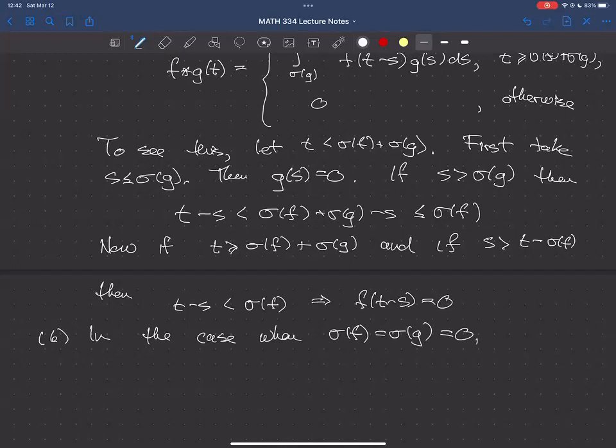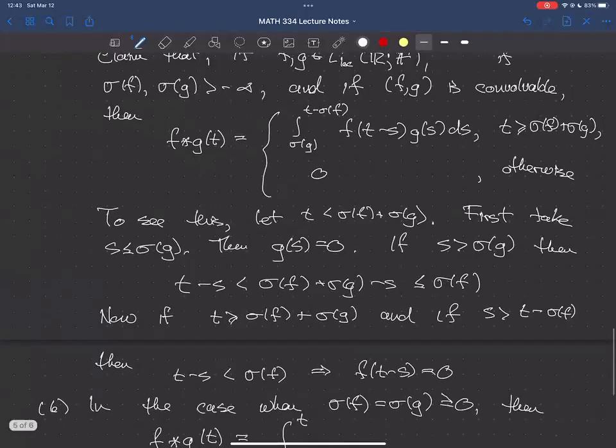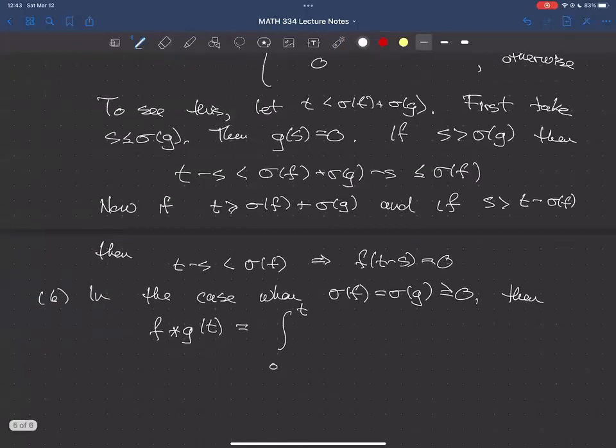Then f star g of t can be taken to be the integral from 0 to t, because of this, of f of t minus s, g of s ds.